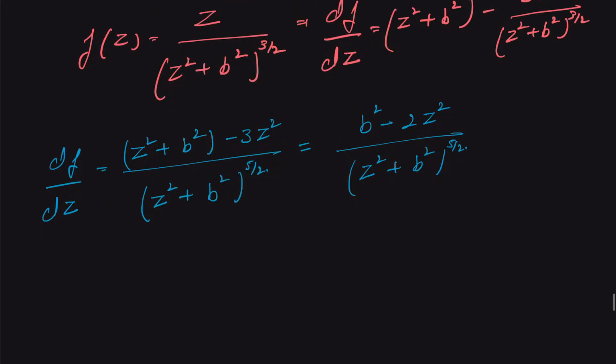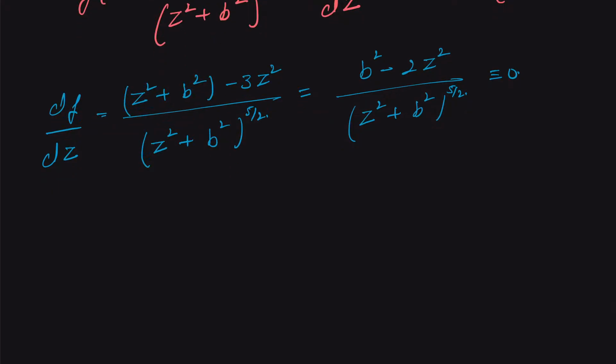So obviously for maximization it is equal to 0. Therefore B square minus 2 Z square is equal to 0, which gives us that Z square is equal to B square by 2.